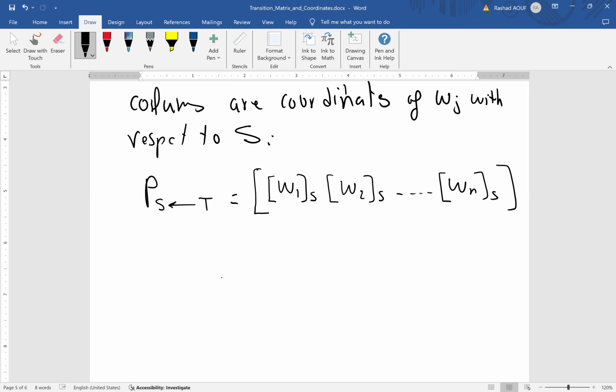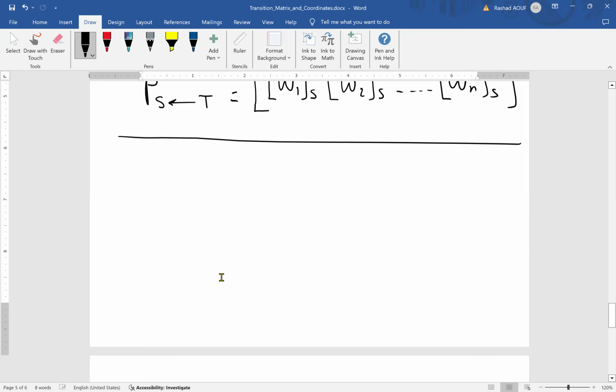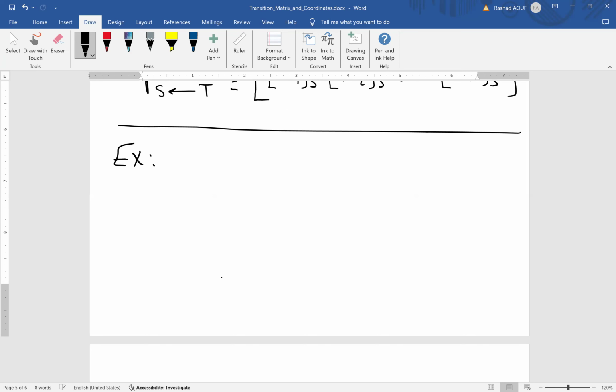خليني اعطيكم example نفهمها اكثر. with the example الفيكتور سبيس هو R3 V equal R3 يعني البيسز should contain three vectors of three components each. خلينا ناخذ اول بيسز. عندي ال S is equal to V1 V2 V3.